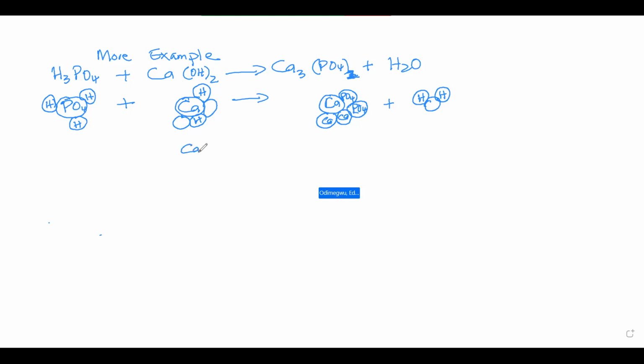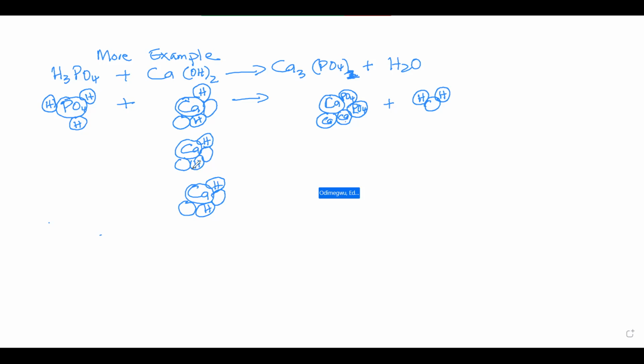So we do this. O, H, O, H. We add another one. O, H, O, H. Okay. Now we have 3 atoms of calcium on the product side, 3 atoms of calcium on the reactant side.